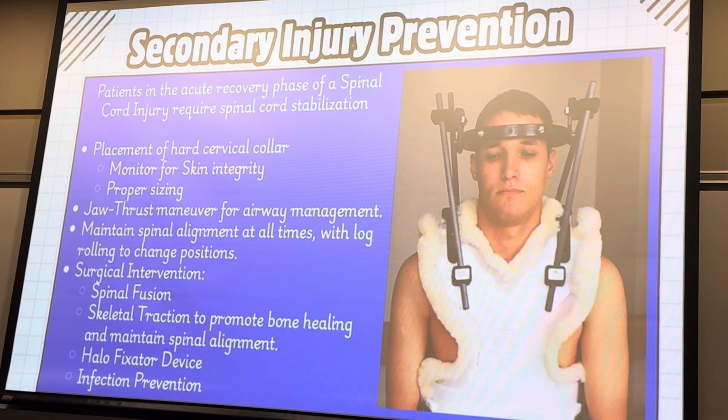So just some type of cervical C collar. Proper sizing is important. Skin integrity is important as well. Make sure you're looking up underneath these cervical collars. You're not just leaving them on and forgetting it. You gotta look at the skin.